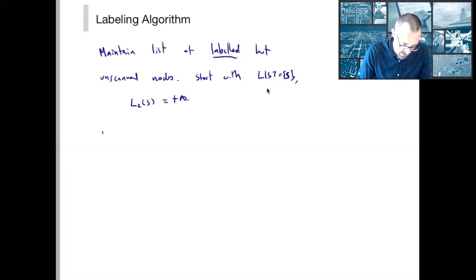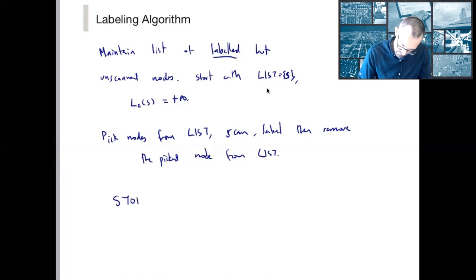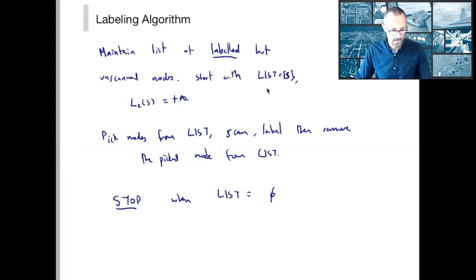And all we do is we pick nodes from the list, we scan, label, and then we remove the picked node from the list. And we stop when the list is empty.